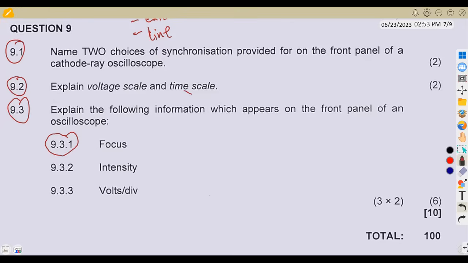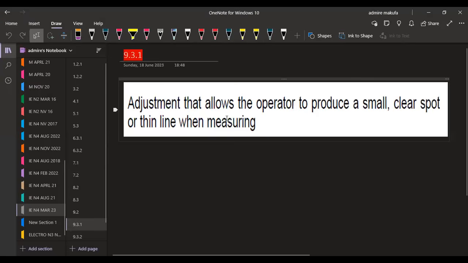For the focus, it is the adjustment that allows the operator to produce a small clear spot or thin line when measuring. Then the other part is the intensity.